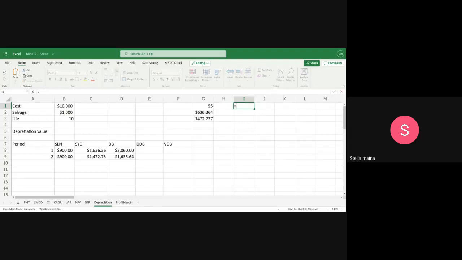Let us just calculate the first one directly now. 1 minus, in brackets, our salvage, which is 1,000, divided by the cost, which is 10,000. All that in brackets, raised to 1 over 10, 1 over the lifetime. So you can see what we get.